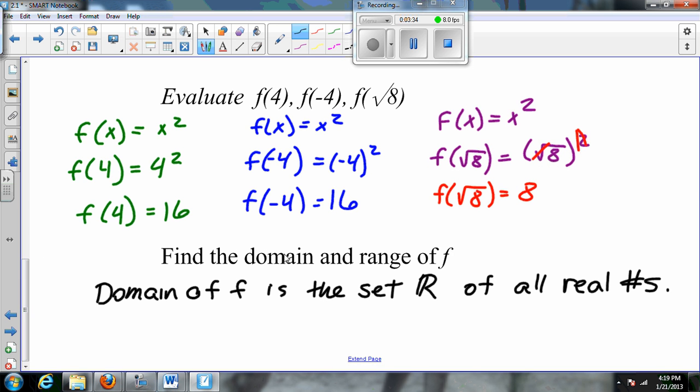The range is what we get out when we evaluate. And we will only get positives out because we are squaring x. We have x squared will always be greater than or equal to 0.